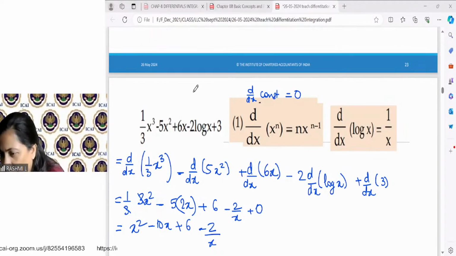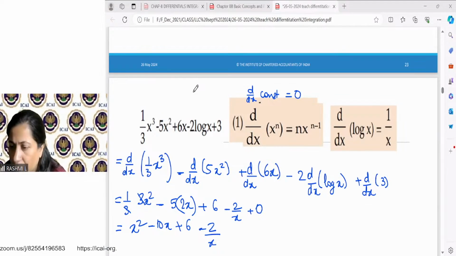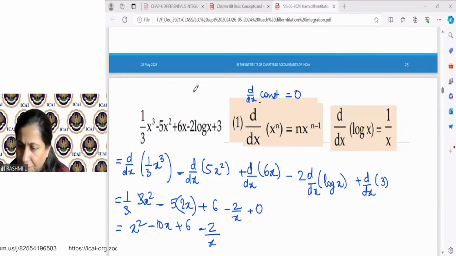Yes, Abhinandan, welcome back. Yes, Natasha. Devendra, not x cube, x square. Devendra, you've forgotten to find the derivative of x cube. For x cube, you will use the formula d by dx of x raised to n.